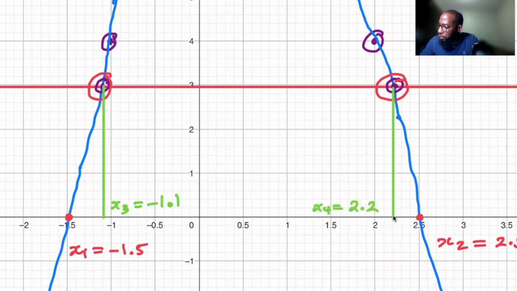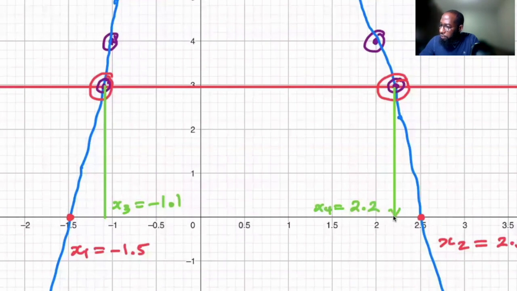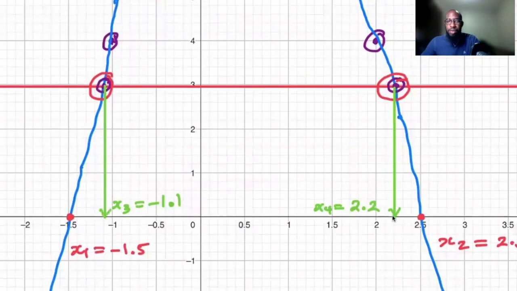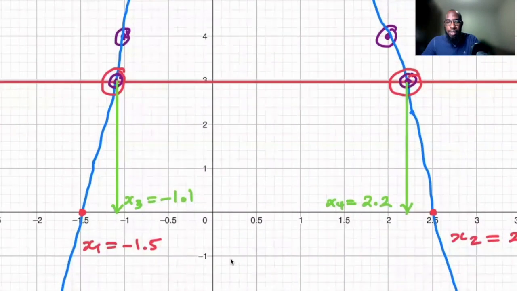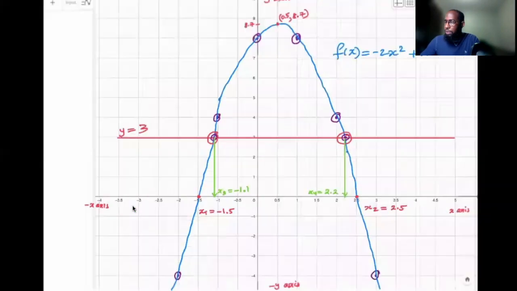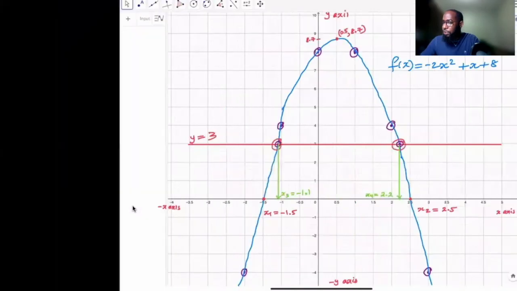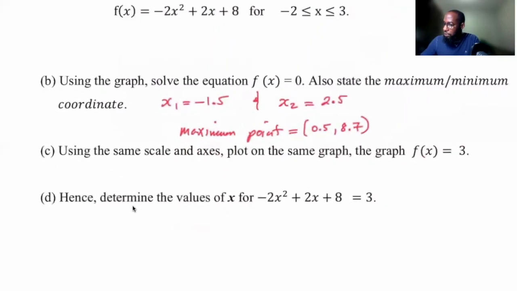I call them x3 and x4 because I had x1 and x2 earlier. So x3 is negative 1.1 and x4 is 2.2.